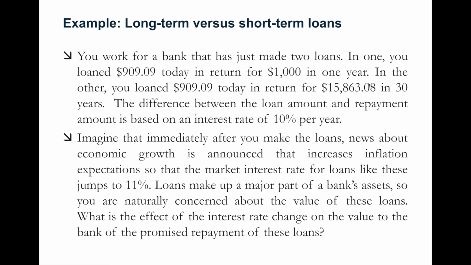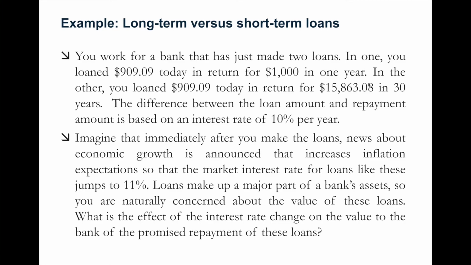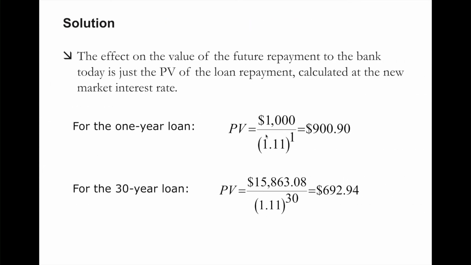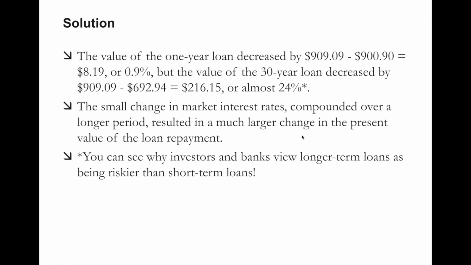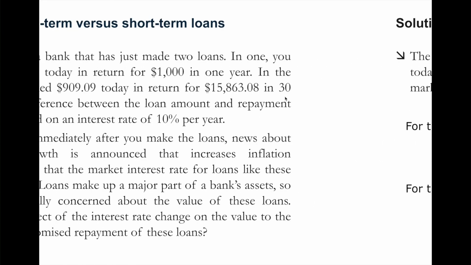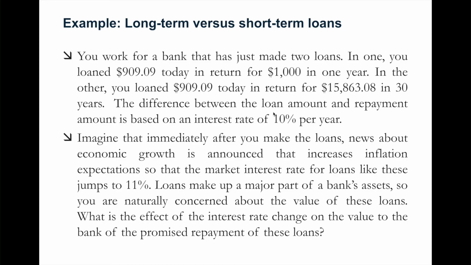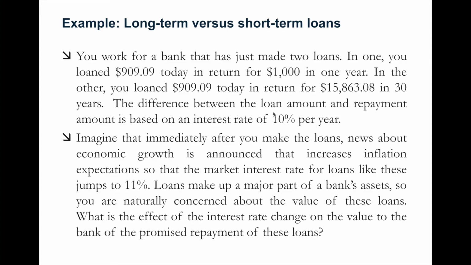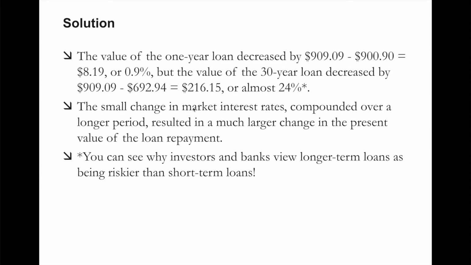So pause the video, read the example, and you will see that a change in interest rate from 11% to 10% will be huge for the 30-year loan, which changed the value by 24% compared to only 0.9%. So what that example is trying to tell you is that you can see why investors and banks view longer-term loans as being riskier than short-term loans.